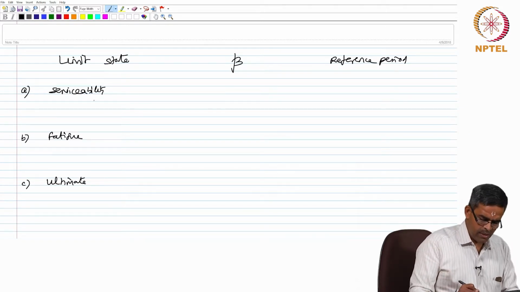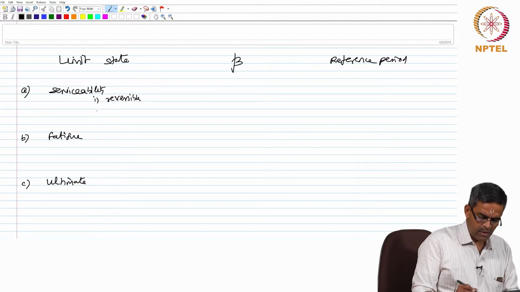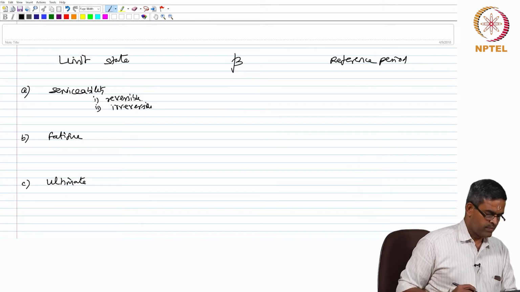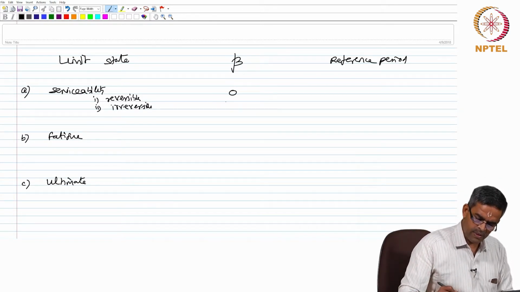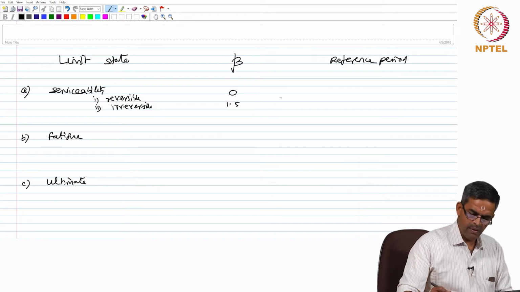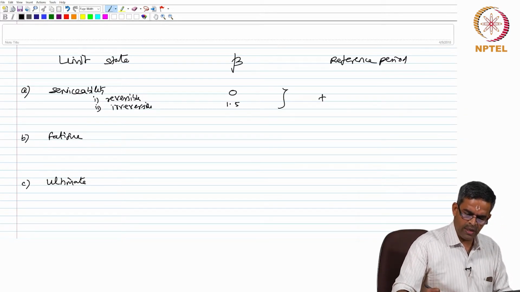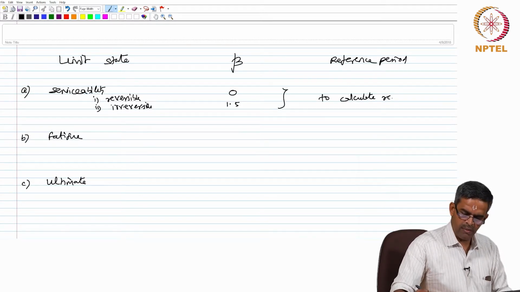Under serviceability, if I have reversible or irreversible, the reliability index is 0 and 1.5, which is useful to calculate the remaining service life of the structure.